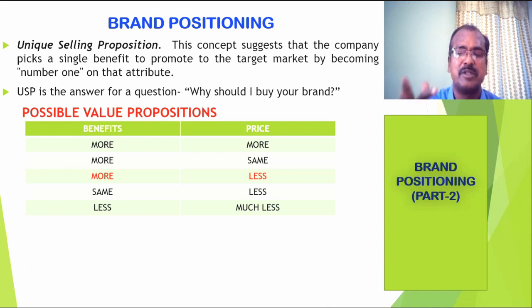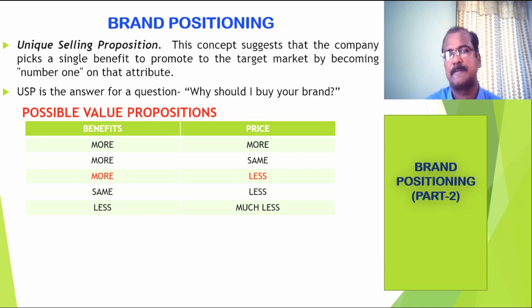This strategy is very much suitable for the target market coverage strategy of niche marketing, when you would like to target small niche segments where consumers are very highly quality conscious. They are ready to pay any amount of price for the market offer, provided the market offer is supreme in terms of quality. So, more for more.